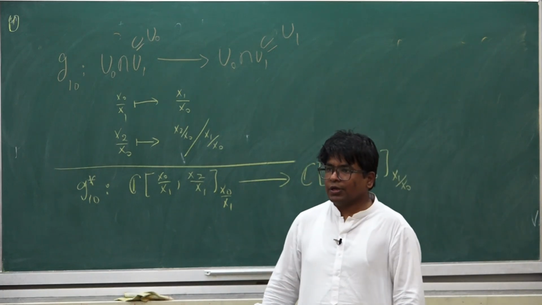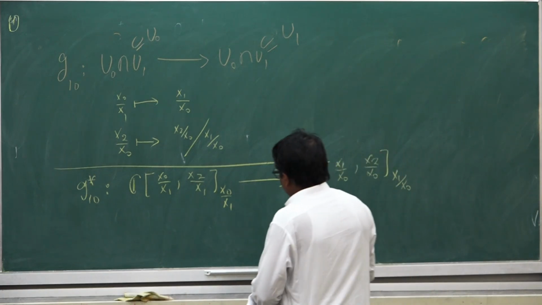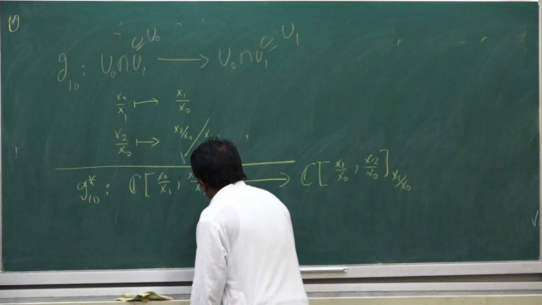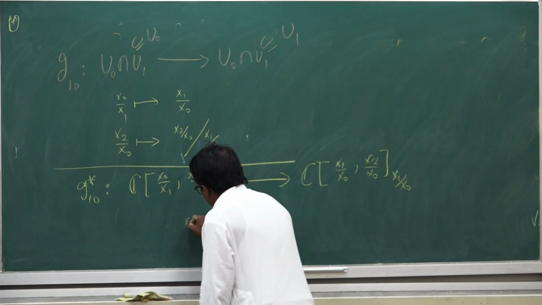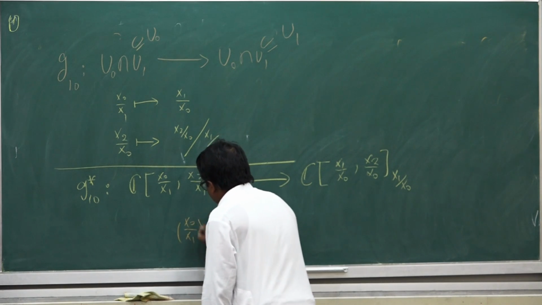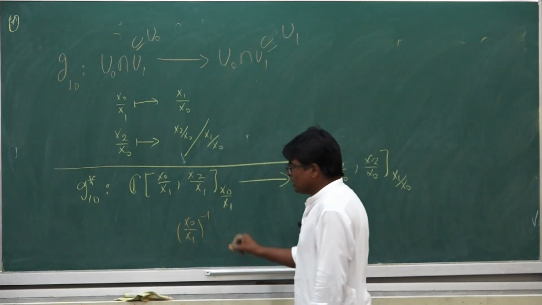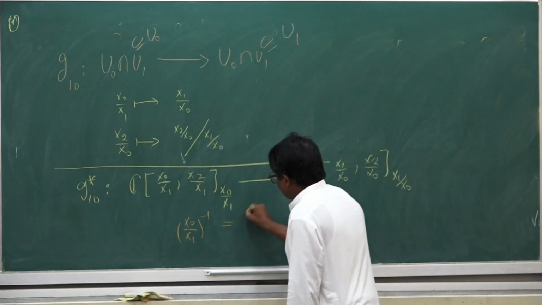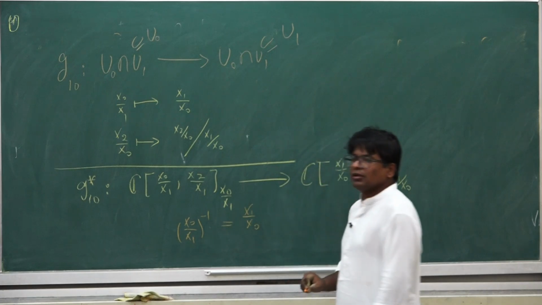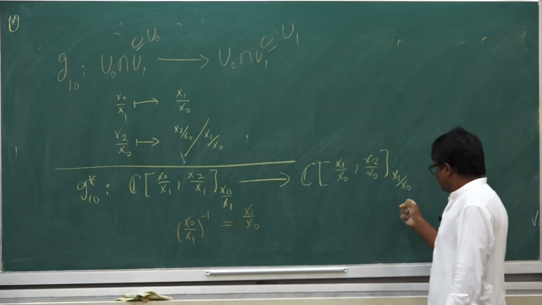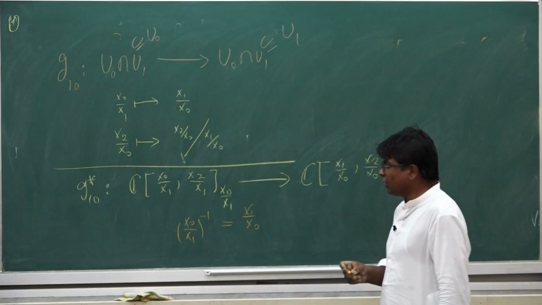Okay. And what should happen is that the inverse is, note that if I take this x naught comma x1 which I am inverting, its inverse is actually x1 over x naught, on which I am taking this localization. Okay.